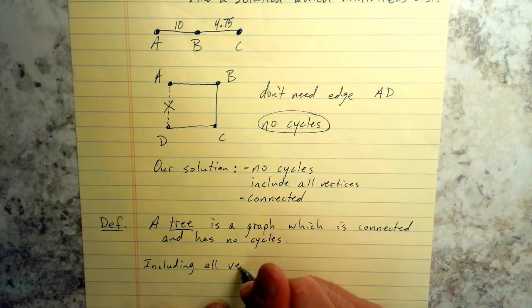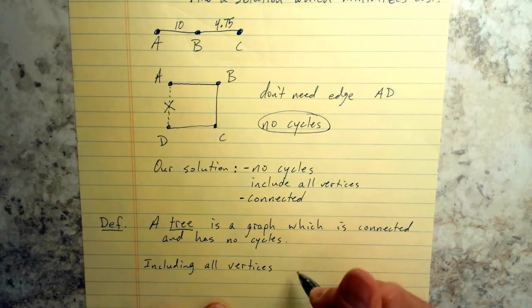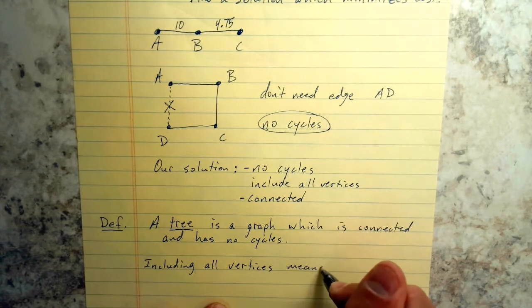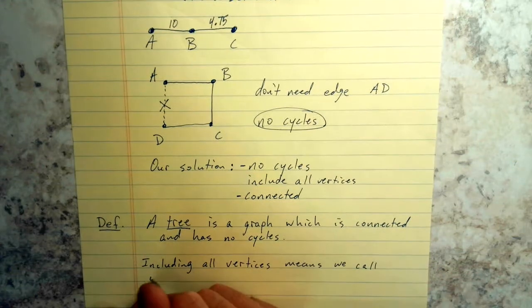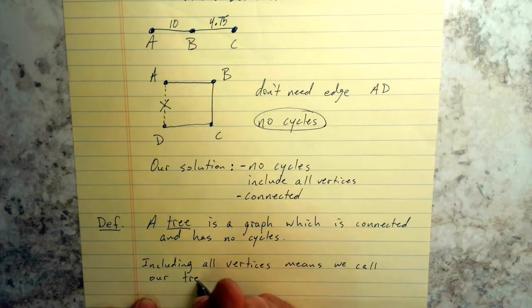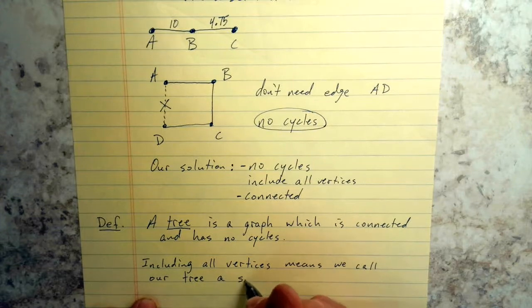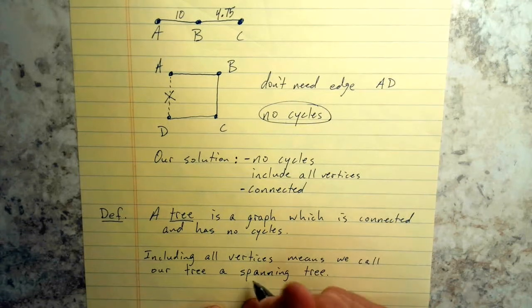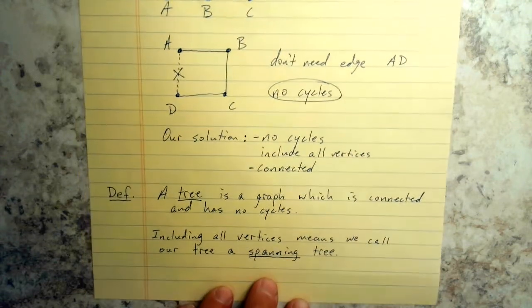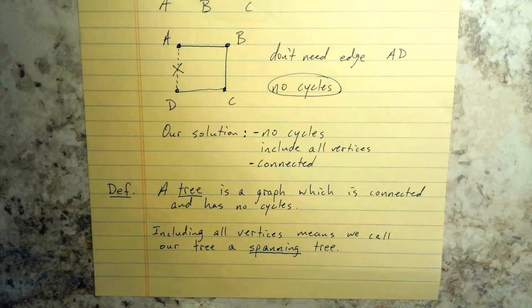Including all vertices means we call our tree that we choose a spanning tree. And spanning is the new word here. A spanning tree. Spanning means we contain all vertices. We include all vertices.